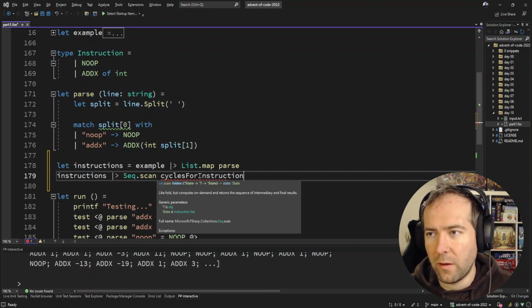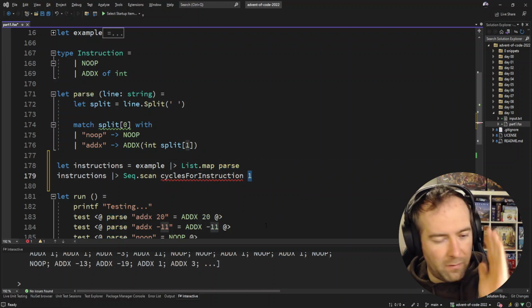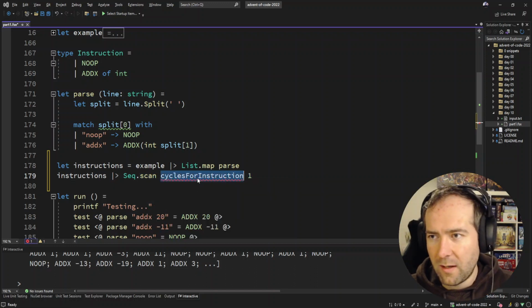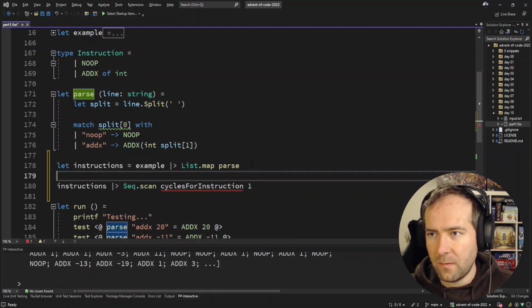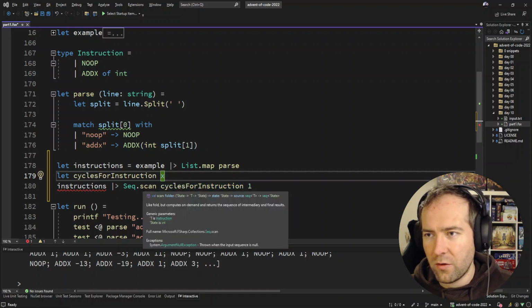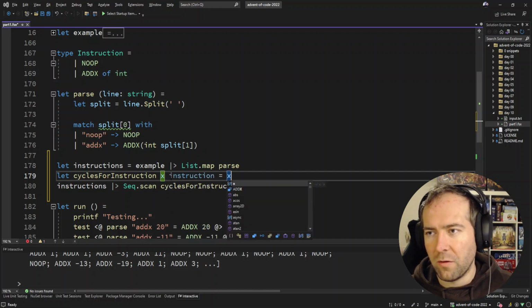Let's call our folding function something like this. And we start with the default value of 1. So our state is just the value of the X register that gets threaded through our scan, and this is the folding function that takes the value for X and an instruction, and it should return a value for X.